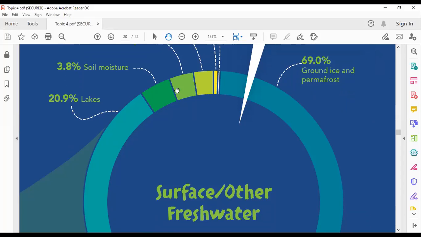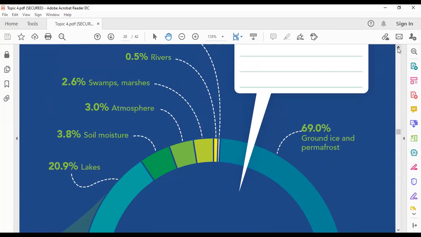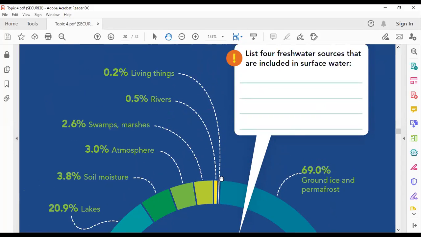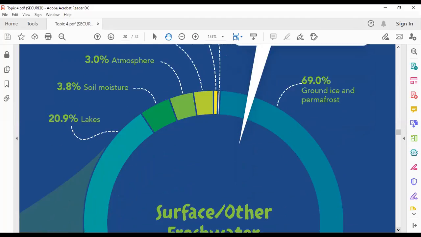And some of it is found in soil, and 20.9% in lakes. Also, a very small amount in rivers and in living things. Fresh water is also found inside the bodies of living things, in the atmosphere, in the soil, in lakes, and as permafrost.